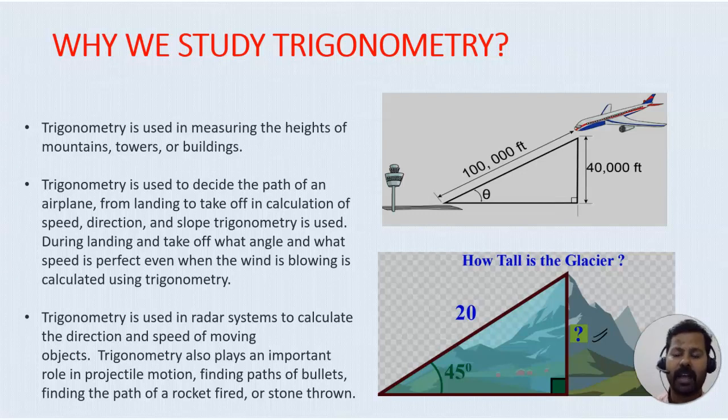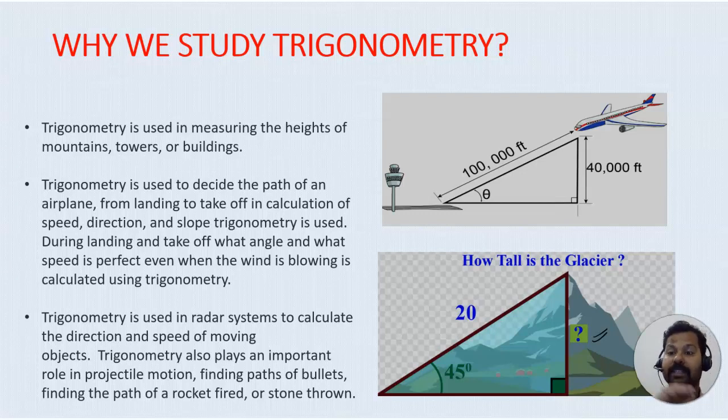I'm sure everyone must have traveled by flight, no? When you are traveling, you must have seen that our flight, when it is taking off, takes off at a certain angle. When it is coming down, when it is landing, at that time also it is inclined at a certain angle. So can they elevate at any angle? Can they come down at any angle?